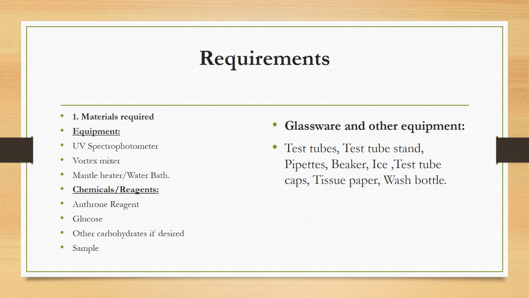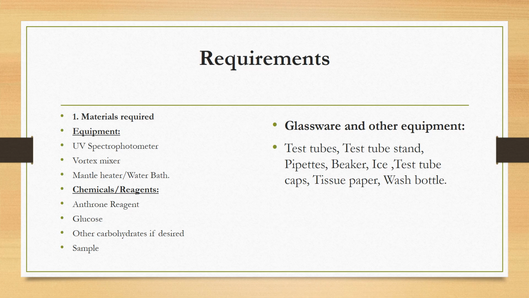Requirements, materials required. We have equipment: UV spectrophotometer, vortex mixer, mantle heater or water bath. The chemicals or reagents we need: anthron reagent, glucose, other carbohydrates if desired. If you want to test other carbohydrates, you can, and the sample.